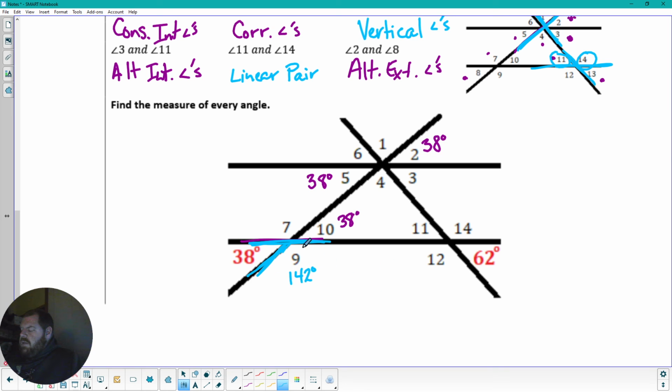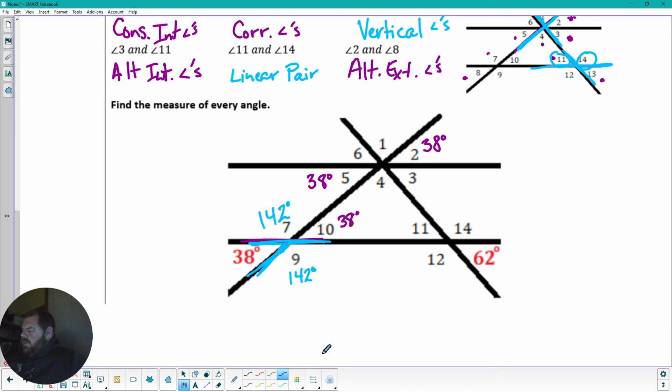Well, if angle 9 is 142, its vertical angle, angle 7, is also 142. And that might be it for my 142s. I would know angle 3 and 4 probably add up to 142. Same kind of thing with angle 1 and angle 6. But that's about all I get there. Okay.